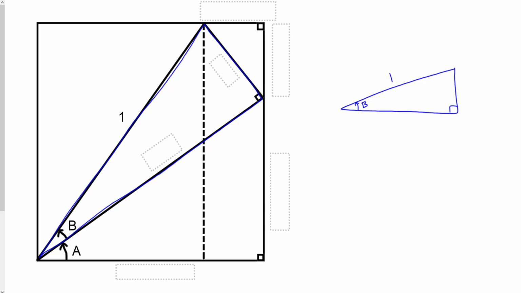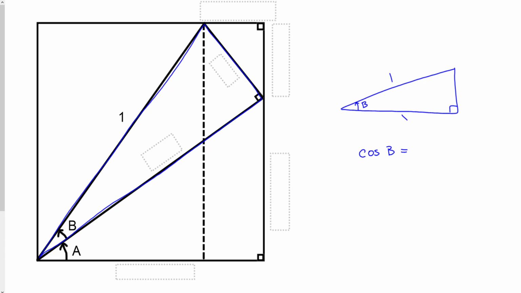Then we can define how long those other sides are by working with our trig functions. For instance, the cosine of angle B, by SOHCAHTOA, is defined as the adjacent side over the hypotenuse.